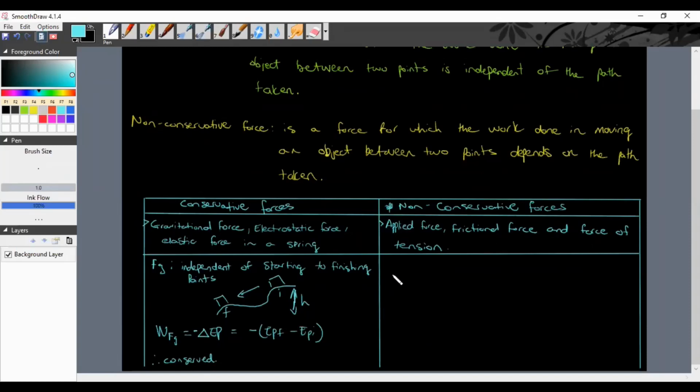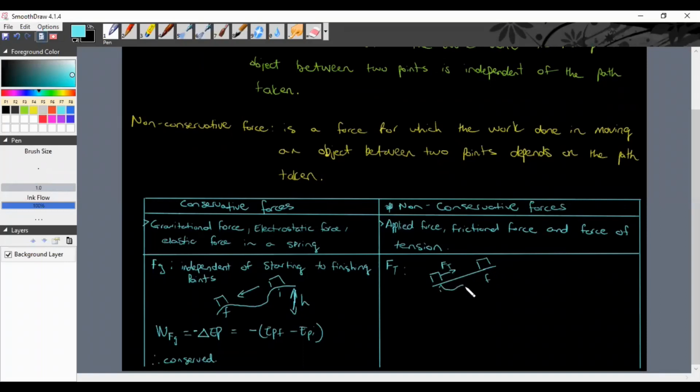Obviously, we know this one. If you use the force of tension, FT, which we haven't looked at in a long time, obviously this is dependent on the path taken. So from start to finishing point, if I had a slope, this was the initial point, and FT was in this direction, and it ended up over here at my final point.